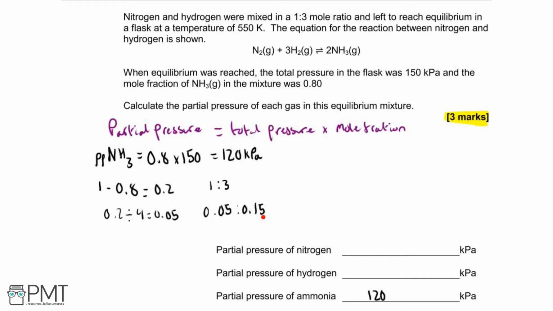All we need to do now to calculate the partial pressures for these is to use our equations. First of all, nitrogen. We would do 0.05 times 150, which is going to get us 7.5 kilopascals.